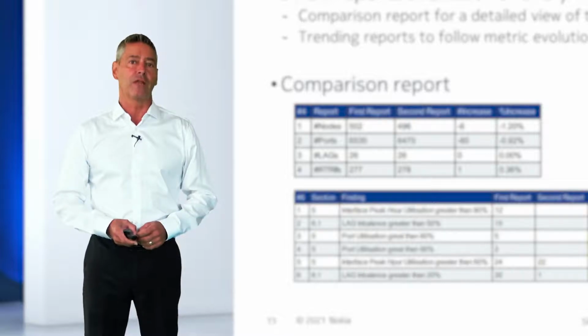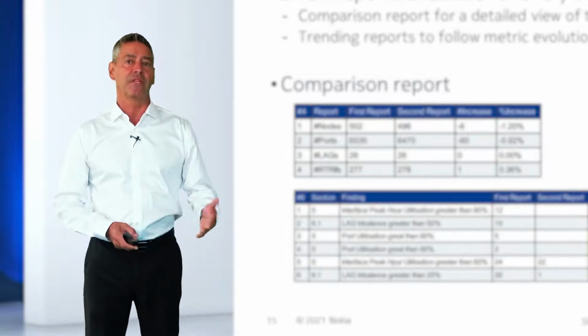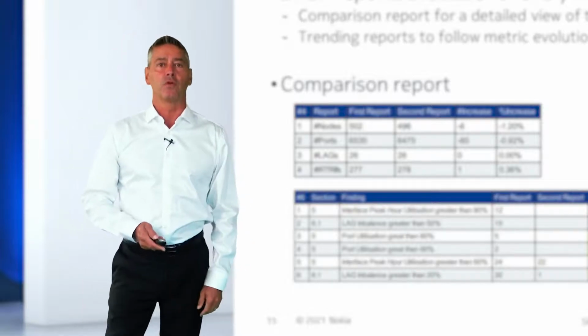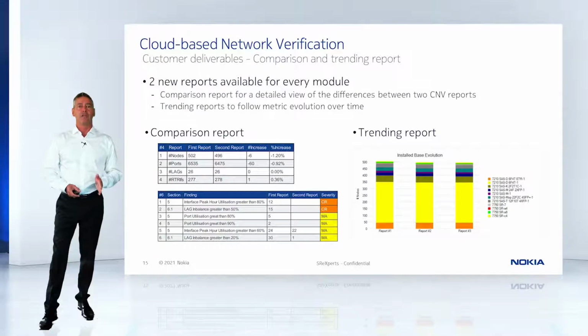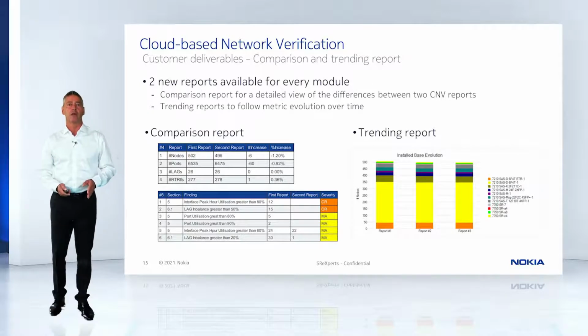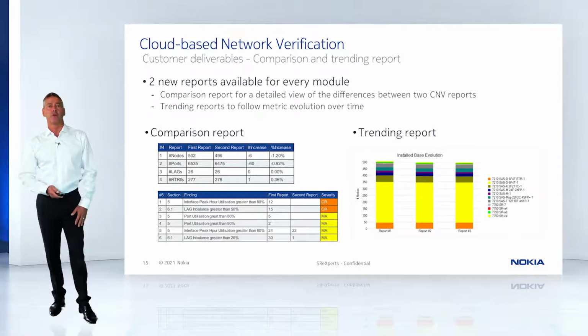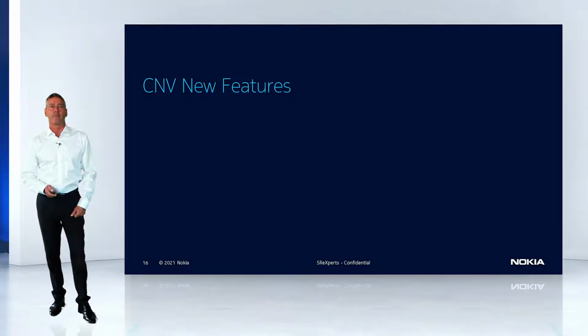So you're left with the yellow problems that has to be fixed at one point in your network. So you want to do this all the time. Usually if you have all blue, you're fine. But let's say there's a lot of changes in the network and you run the report, you may see people introducing some problems in your network. The trending one is nice to show you what's the split of all the SR types in your network.